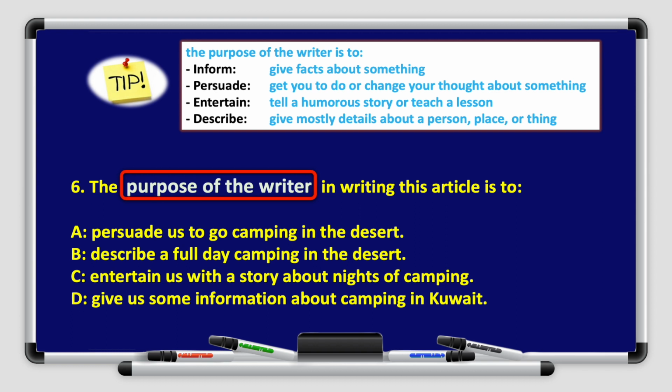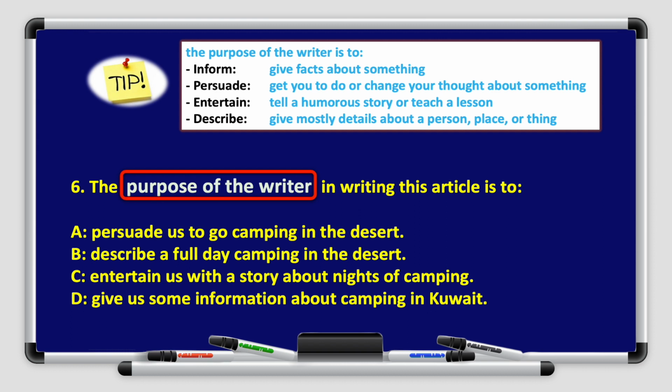As we said before, if the writer is giving you facts about something, he is trying to inform. If he gets you to do or change your thoughts about something, he is trying to persuade you. If he's telling you a humorous story or teaching you a lesson, he is trying to entertain.